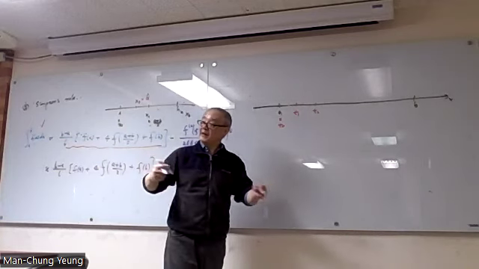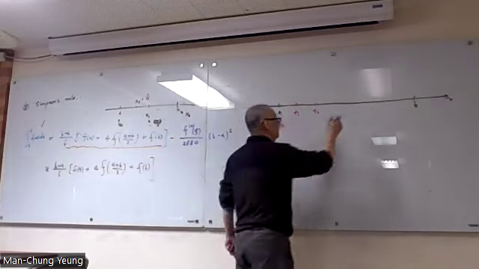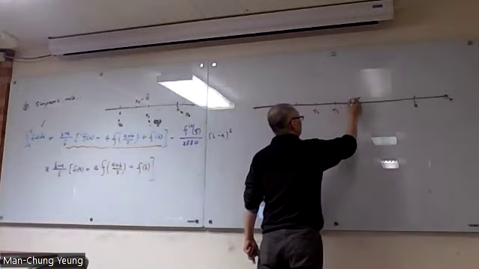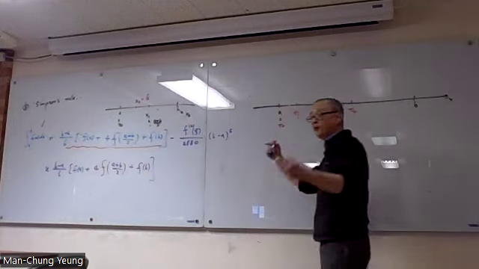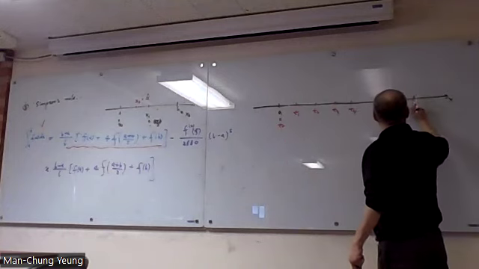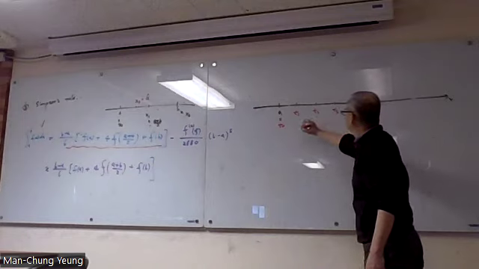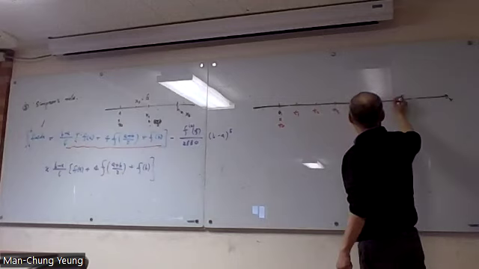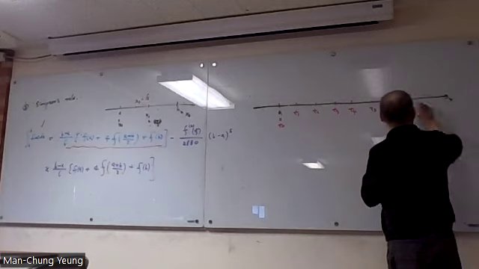How about cutting interval AB into equal subintervals? T3, T4. Each interval has the same length. T5, T6, and so on.